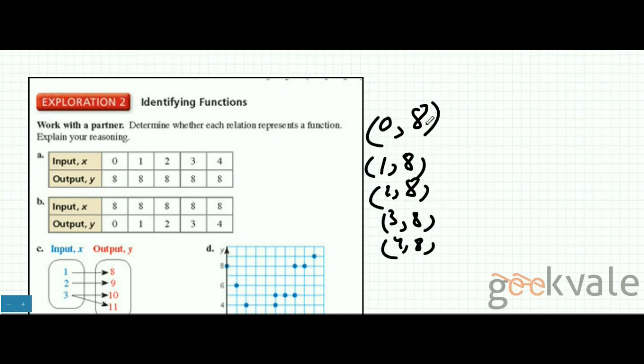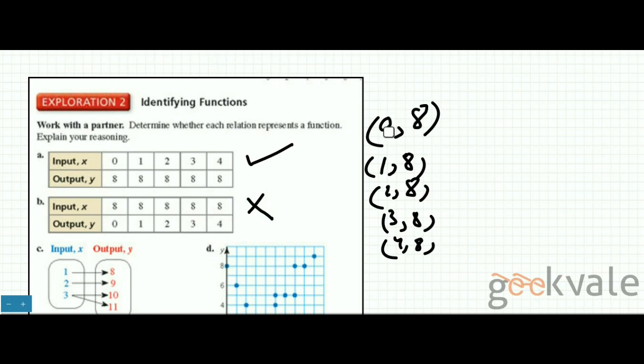For each of these, in other words, for different ordered pairs I got, the input is unique, right? The input is not repeated. So this will be a function. For this one, as you can see, the input is repeated. The moment that happens, it's not a function.